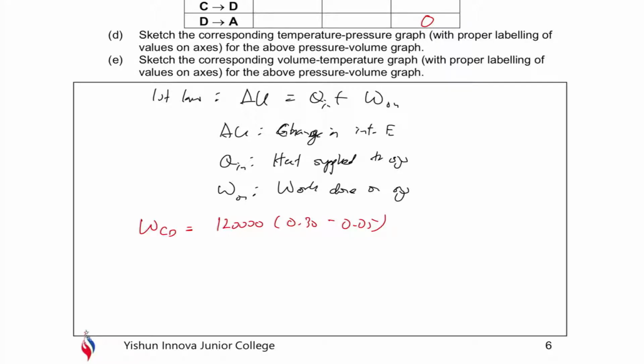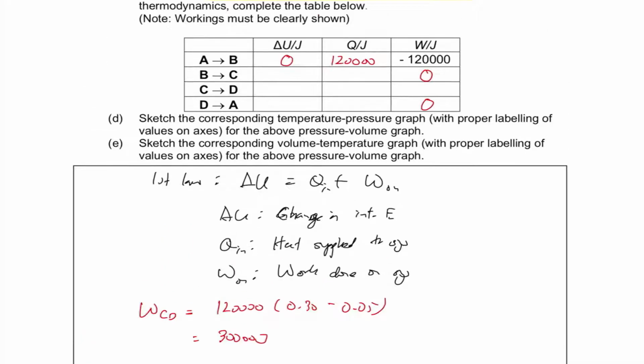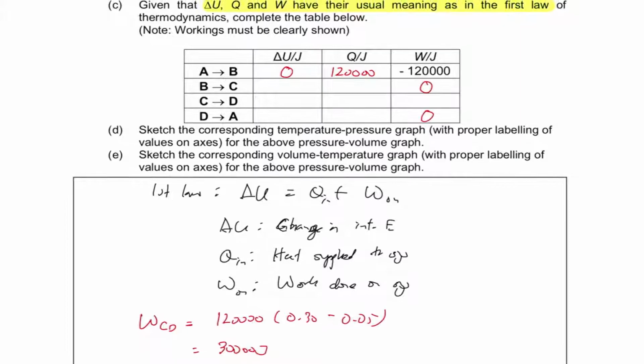I'm kind of jumping order, but that should not be a problem. So that's 30,000 joules. Let's write it here. C to D, 30,000.